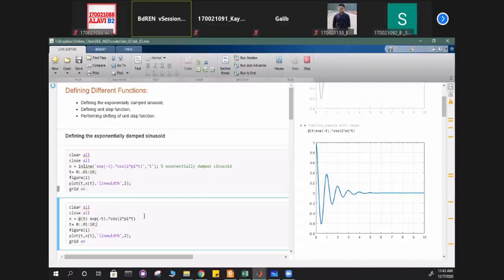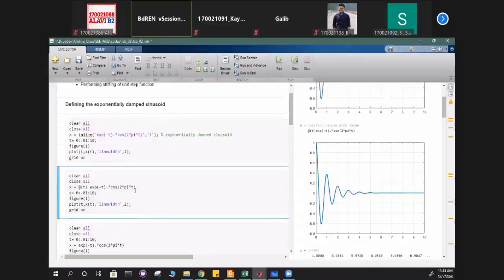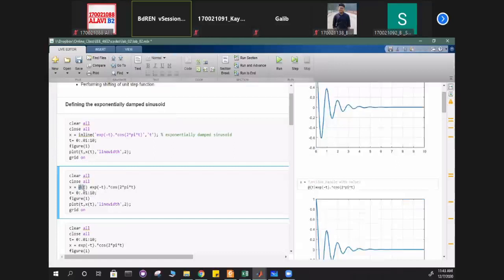But what you can look at here is that you can do the same thing using an anonymous function. Here the syntax is that after this sign, you declare the variable, and then you write the equation. Whenever you call that function, you need to supply the variable, isn't it? Yes, sir.